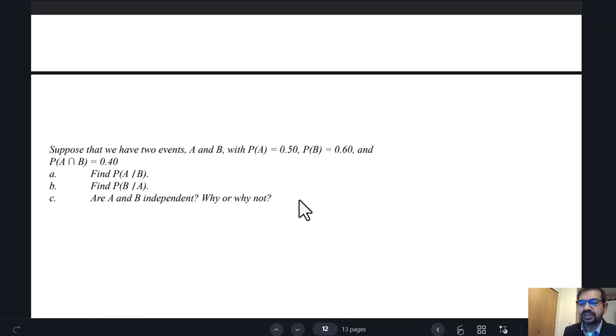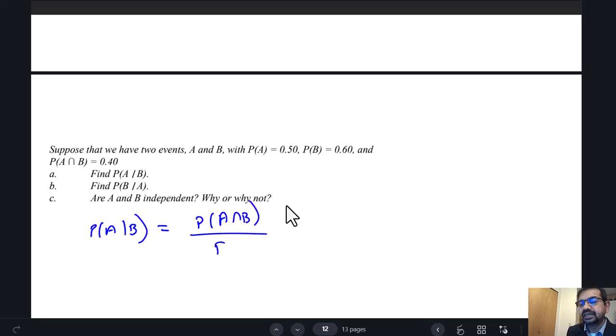Let's look at another question. Again, it's more straightforward. Here we are given probability of event A is 0.5, probability of event B is 0.6, and probability of A intersection B is 0.4. So now we have to find the conditional probability of A conditional on B. So probability A conditional on B would be probability of A intersection B divided by the probability of B. And B is the marginal probability in this case.